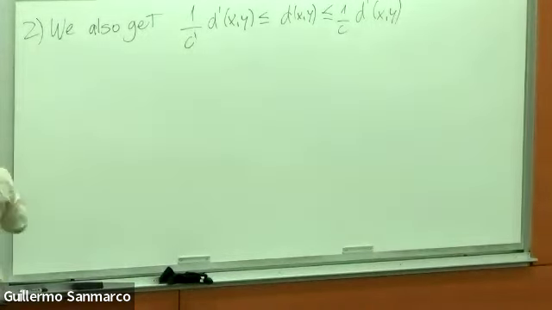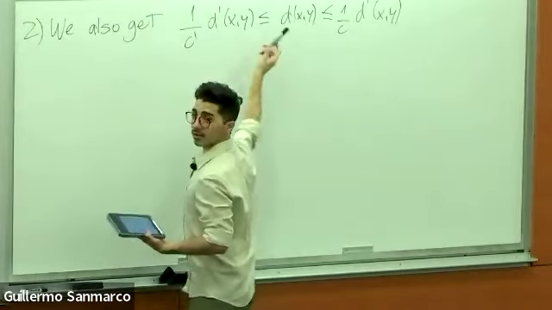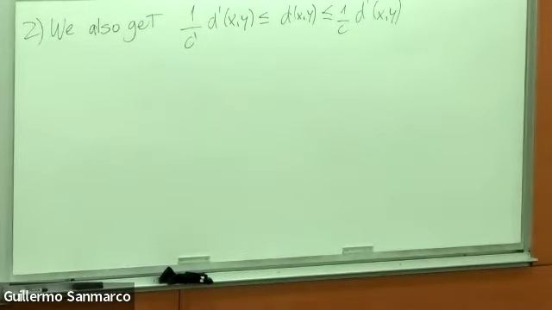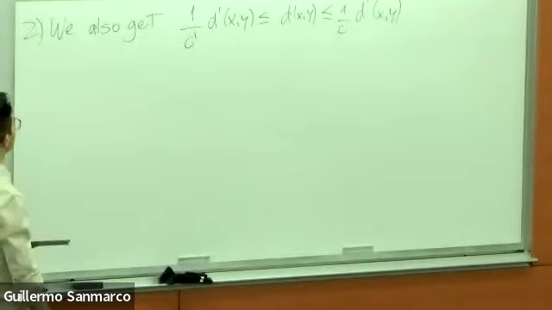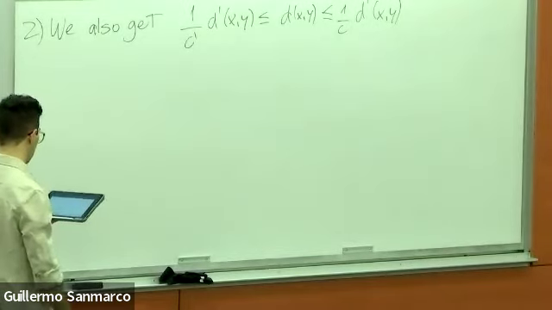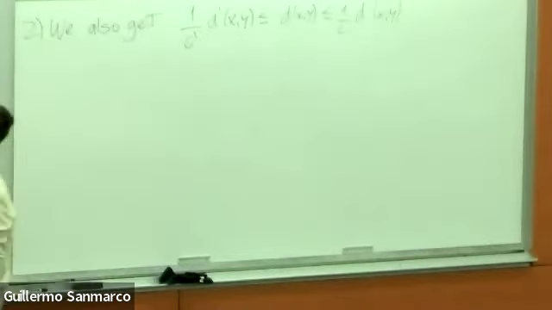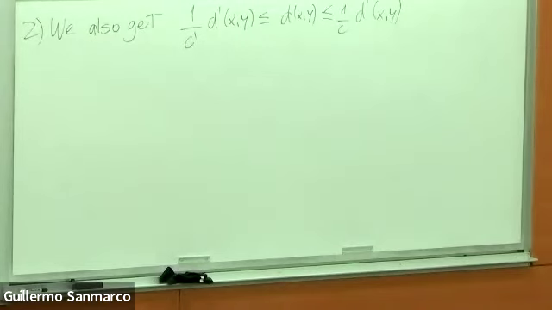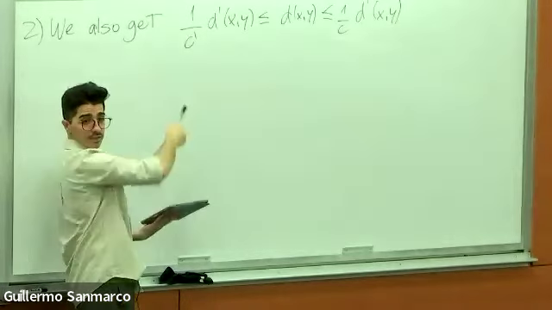For example, for this first one, you just rescale this inequality by C prime. And for the second one, rescale this one by C and multiply by the inverse. So what I'm saying here is this definition is not really symmetric in D and D prime, but it is. You need to change the constants, and that's okay.